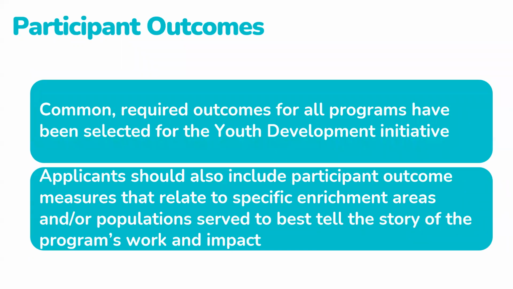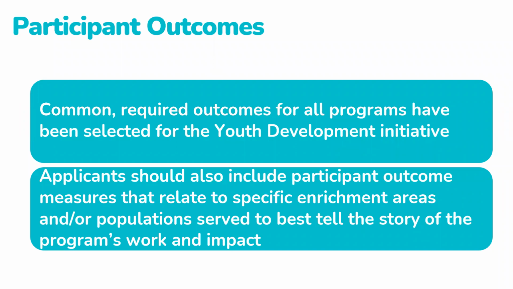As an applicant, you can propose to include additional participant outcomes that are very specific, perhaps to your enrichment area or to your population, to tell the story of the work that you're doing. And additionally, there are adaptations and alternative assessments that are an option to meet your participant needs.